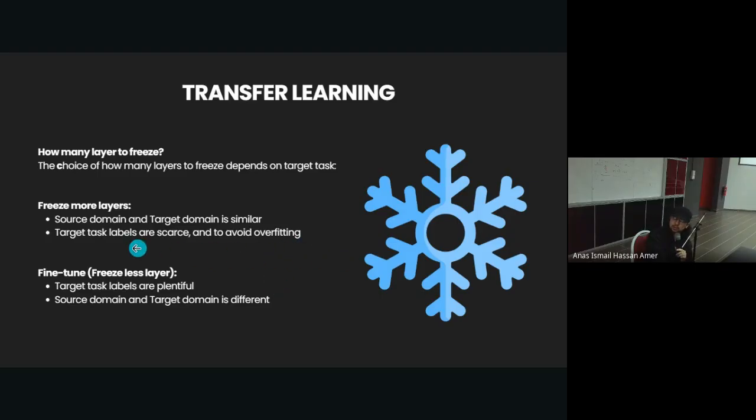It also depends on the labels. If you only have a few labels at the target task that you want to do, you can still freeze more layers or freeze most of the network. But let's say the source task only had 2 classes, and then the target task has many more classes.